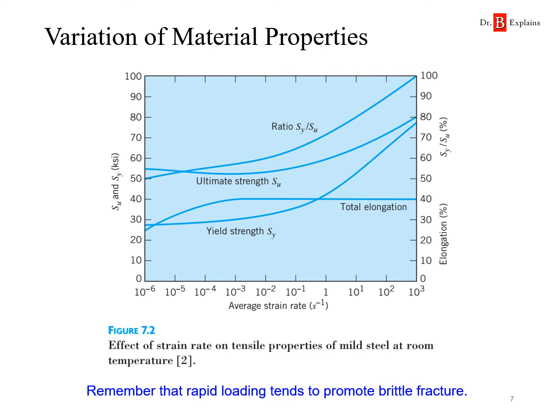One of the good things about increasing the loading rate is we can see here that the yield strength of a material is going to increase with the strain rate or loading rate. If we look at the ultimate strength, it also increases with the loading rate. However, when we look at the elongation, this is like the strain to failure, or how much the material deforms before it breaks or fractures, we see that it increases some and then it levels off.